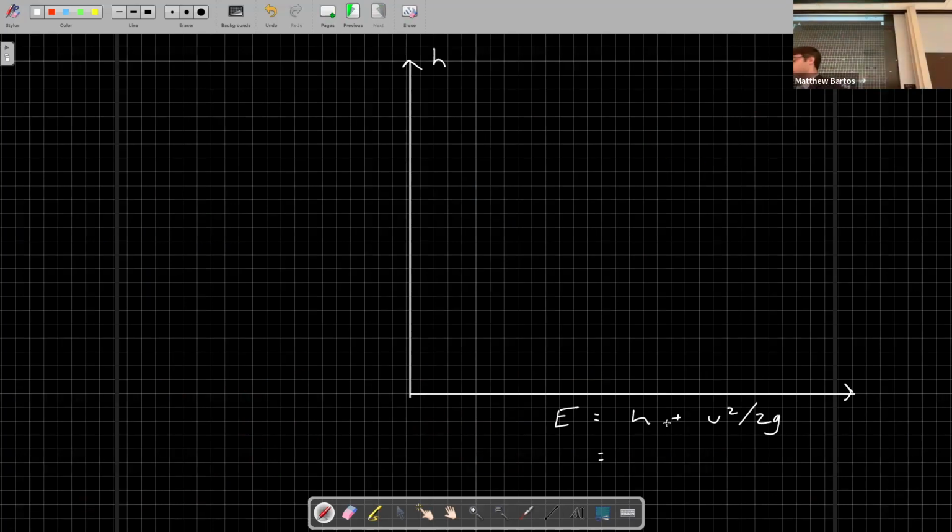And if the discharge is fixed and the channel geometry is fixed, this is just a function of the depth. All the other quantities will be constant. So this will be h plus q squared over 2g b squared h squared. And then we get that the specific energy is a cubic polynomial in H.